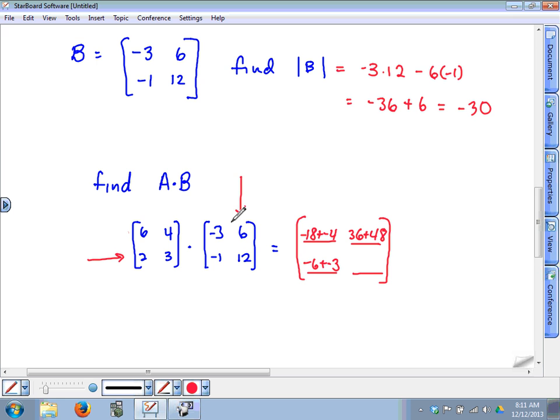Going across the row, down the column. 2 times 6 is 12. 3 times 12 is 36. So we have -22, -9. 12 plus 36, that's a 48 down here, and then 36 plus 48 is 84.